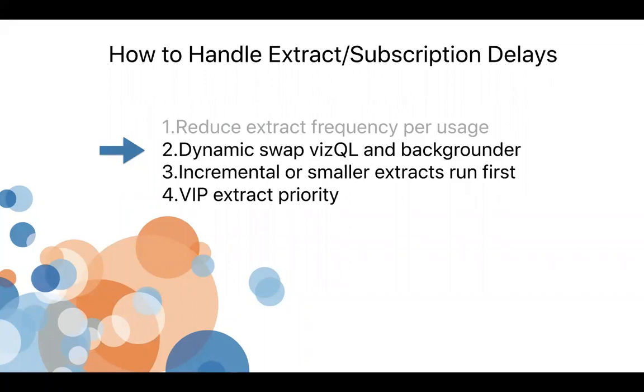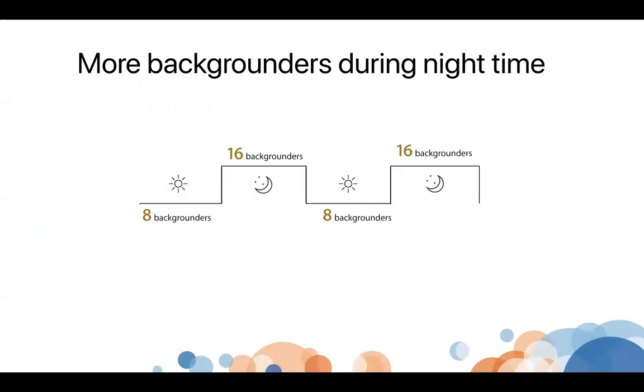Let's talk about the second piece you can do, which is how you can increase your machine power. This is an out-of-box feature from Tableau, since TSM was released, I think it's 18.3 or 18.2, I forgot. The concept is very simple. This is one of the things I've been asking about for a long time: how we can dynamically change the backgrounder versus the VizQL node.